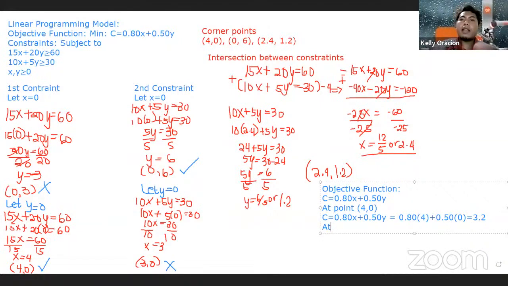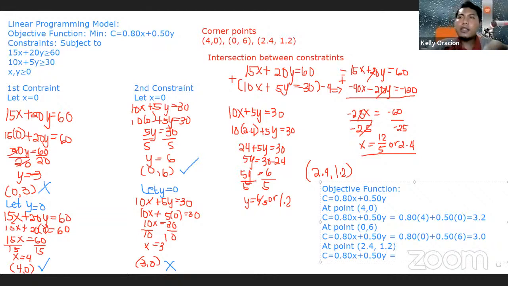Pag at point 0, 6, substitute lang natin 0.80 times 0 plus 0.50 times 6. The answer is 3.0. Pero pag at point 2.4 and 1.2, the cost is 0.80 times 2.4 plus 0.50 times 1.2.